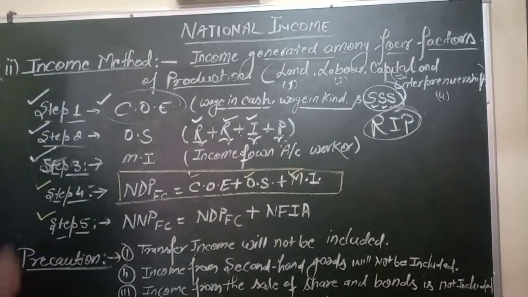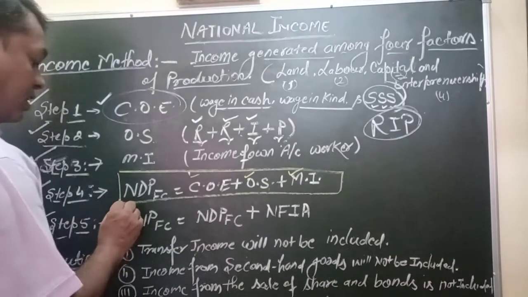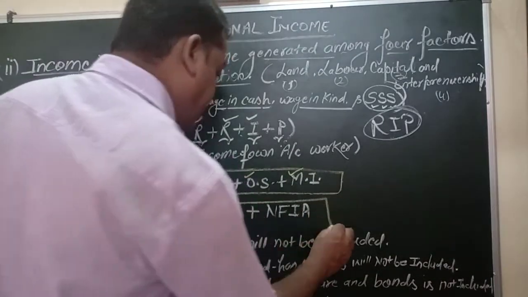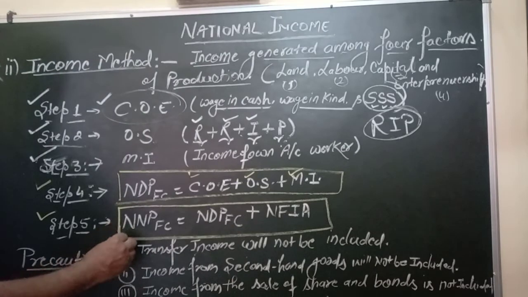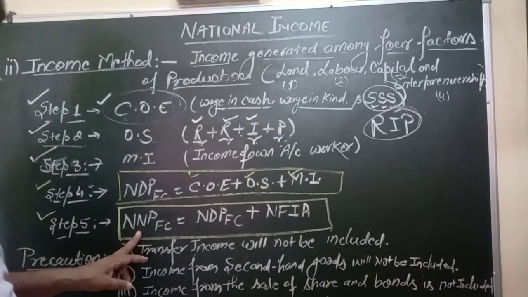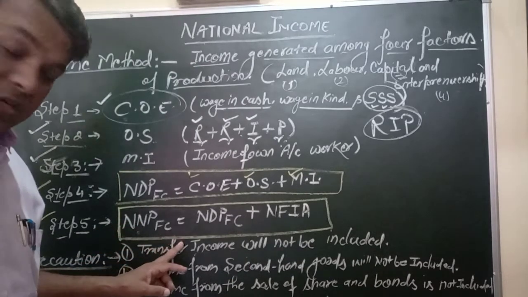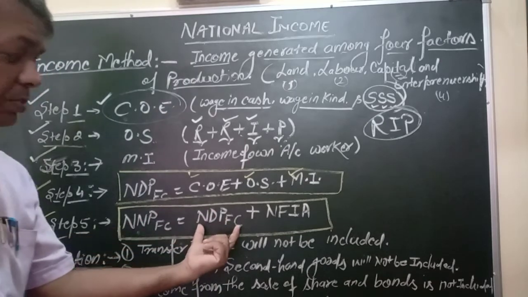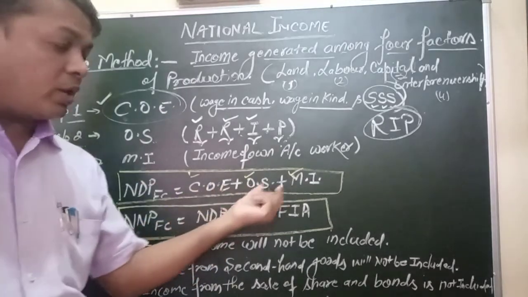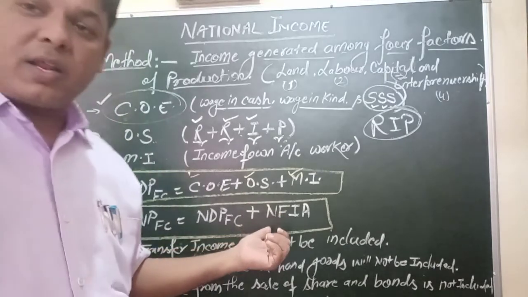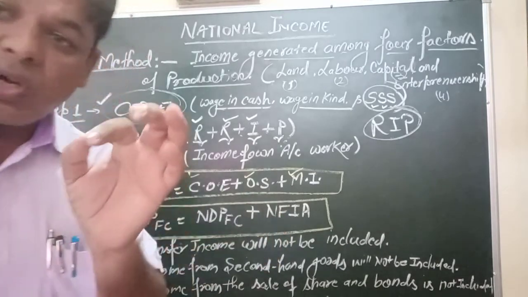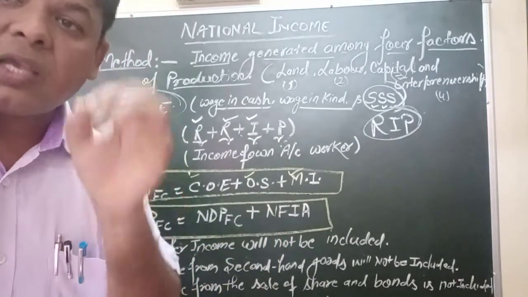Now step 5 is what? We have to find the national income, and national income means what? NNP at FC. Whatever NDP we got from the COE, OS, MI, we add here the NFIA.